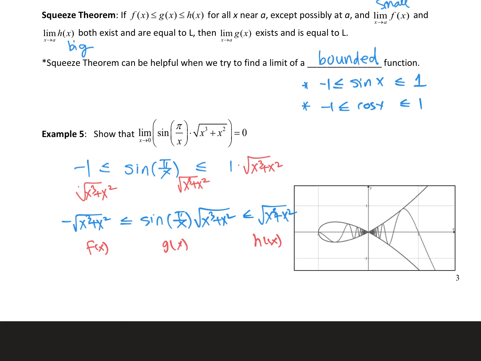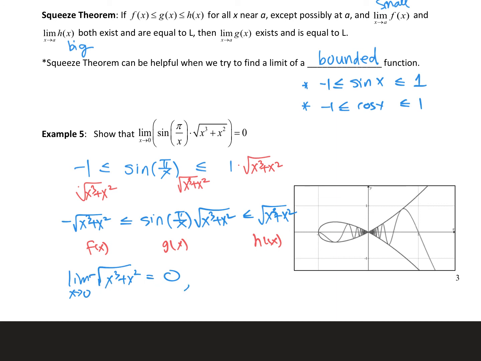Here I can show that f and h have 0 as a limit. If I look at the limit as x goes to 0 of negative radical x cubed plus x squared, here it is 0 because 0 cubed plus 0 squared is 0, radical 0 is 0, negative 0 is 0, right?